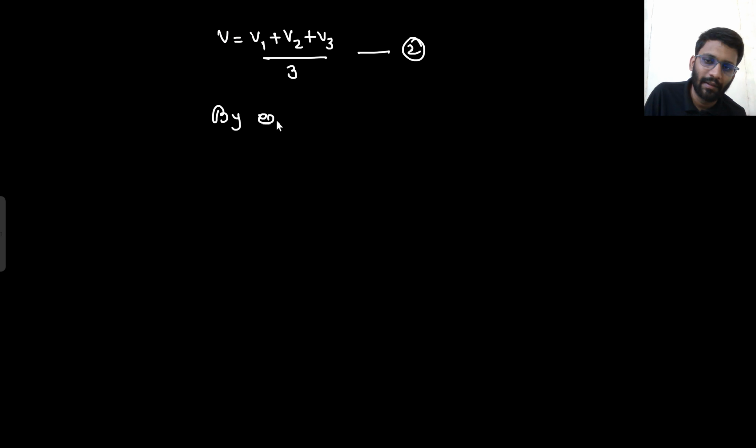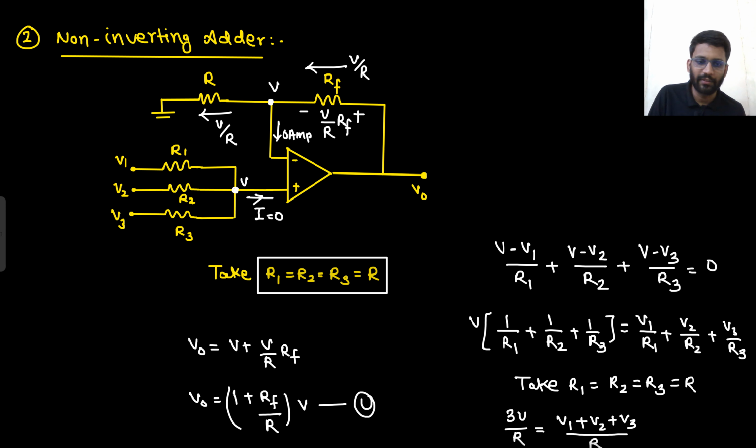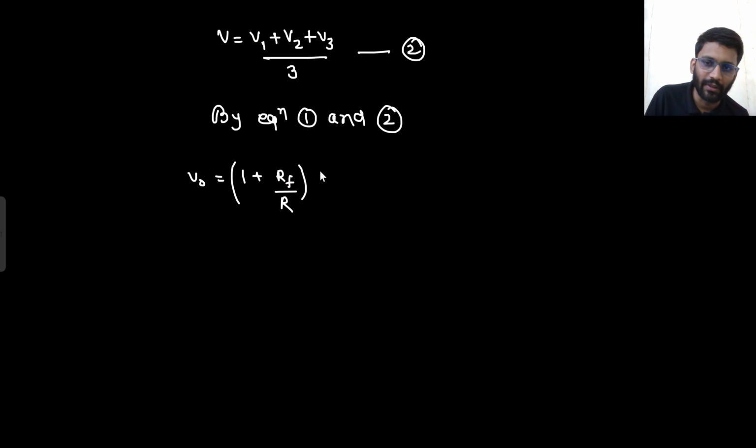By equations 1 and 2, what will you get? V naught equals 1 plus RF by R into this V potential. What will be the V potential? The V potential will be V1 plus V2 plus V3 by 3.